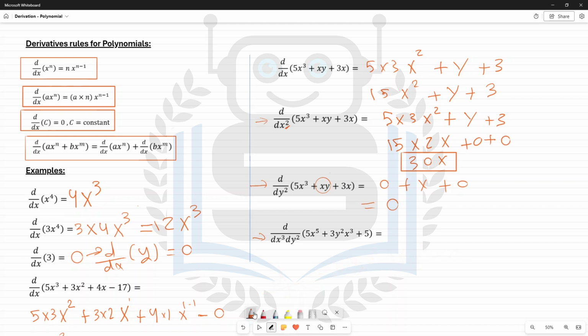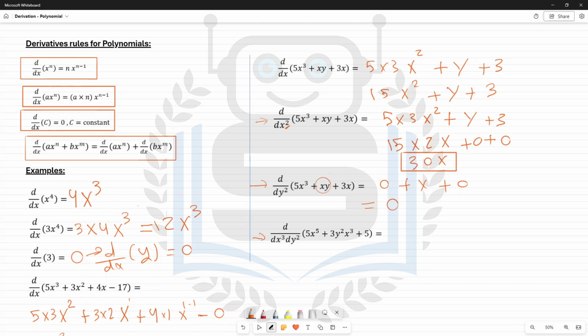Okay, next example. So find the third derivative with respect to x and the second derivative with respect to y. Okay, d over dx to the power of 3, dy to the power of 2, right? For 5x to the power of 5 plus 3y squared x to the power of 3 plus 5. So it doesn't matter really if you start with y or x. You can start with y or you can start with x, whichever is easier.